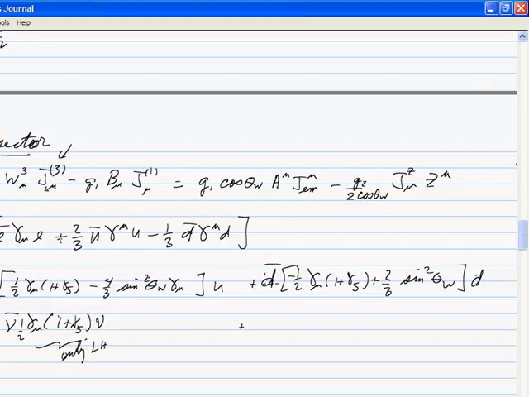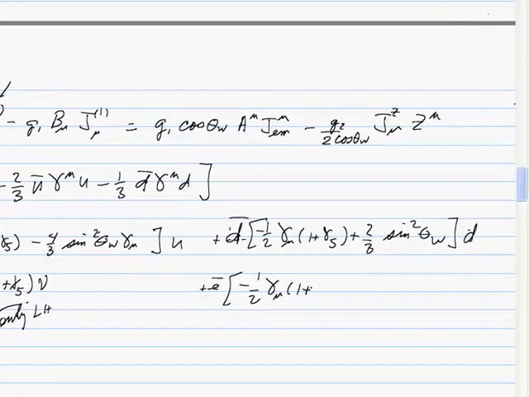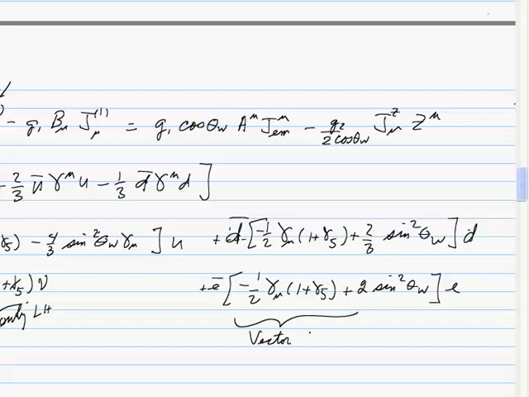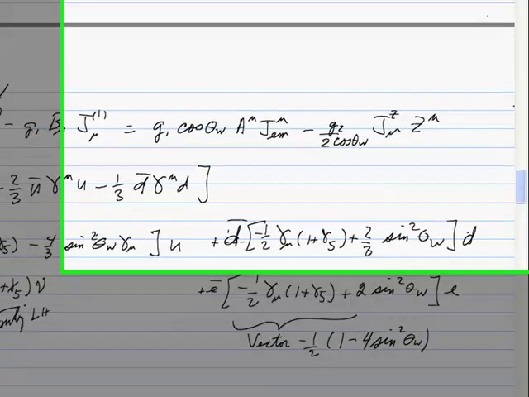And the electron also has something interesting in it. It's E bar, minus 1/2 gamma mu (1 plus gamma 5) plus 2 sine squared theta W, E. The interesting piece here is that the vector component goes like, let me factor out a minus 1/2, 1 minus 4 times the sine squared of the Weinberg angle, or the weak mixing angle.